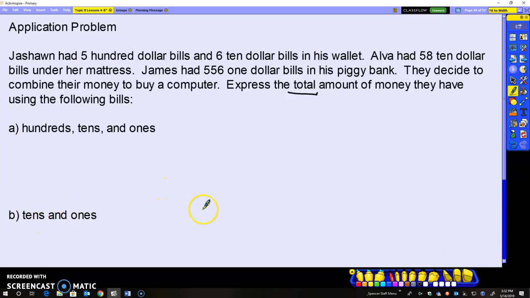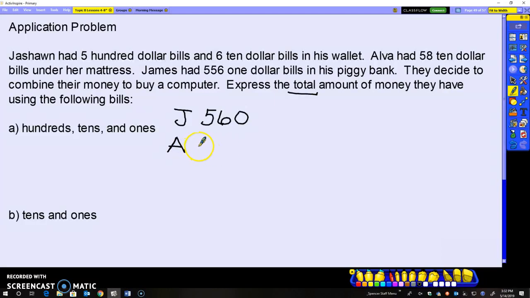Okay, first we have to figure out what everyone has. So I'm going to start with kind of tape diagrams to show Jay-Sean has 5 $100 bills, 6 $10 bills. So that makes $560.